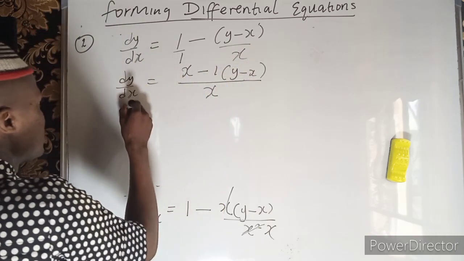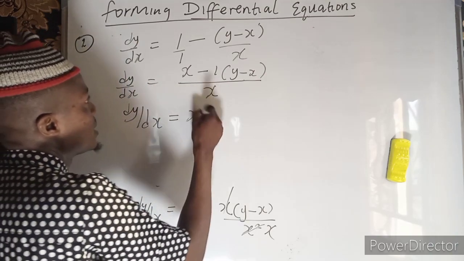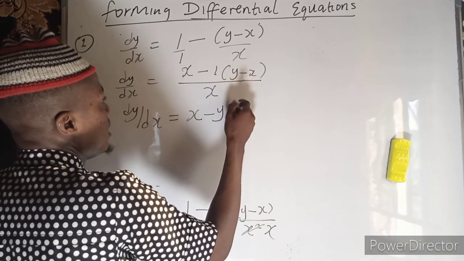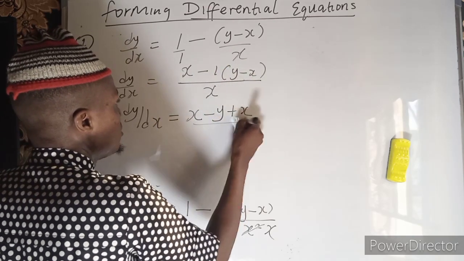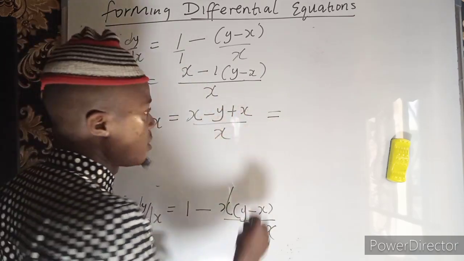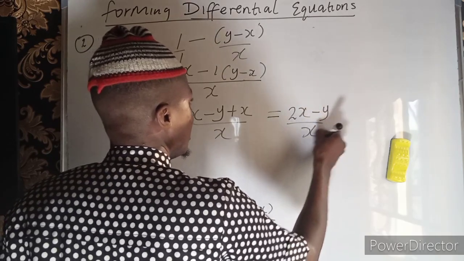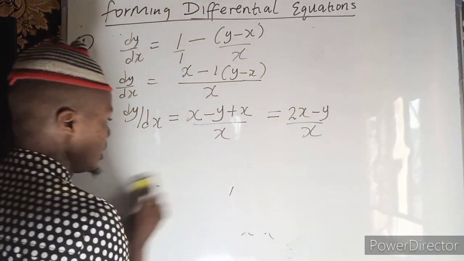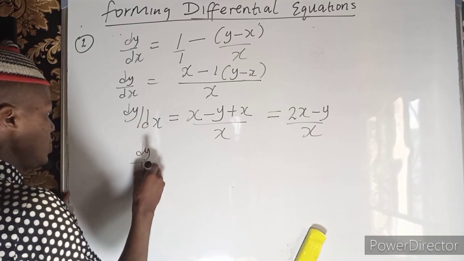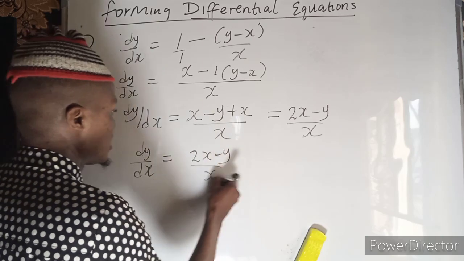We shall have that dy/dx is the same as x minus 1 times y is minus y. Minus minus turns to plus x all over x. This is the same as x plus x will give us 2x minus y all over x. Hence, dy over dx is now 2x minus y all over x.